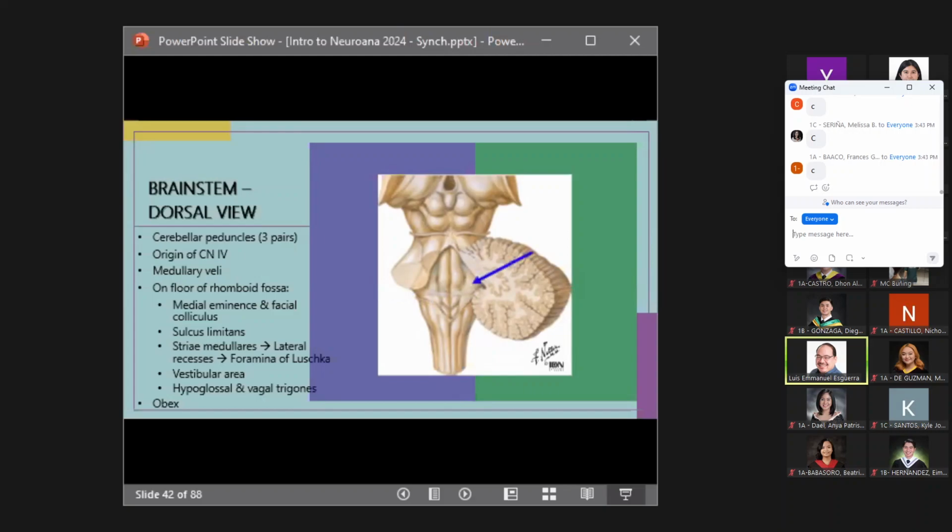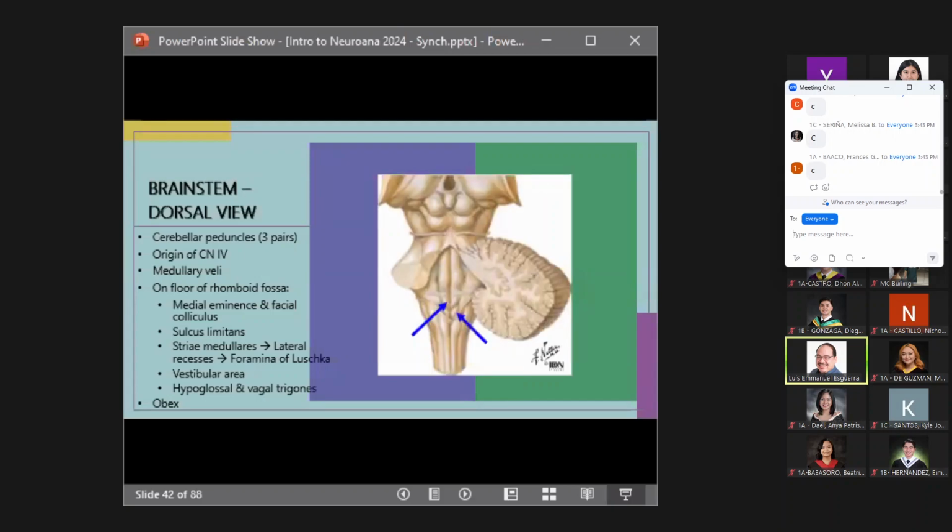There is a vestibular area. That's the area lateral to the medial eminence and the facial colliculus. It's called the vestibular area because underneath it are the vestibular nuclei for balance. Below the striae medullaris are the hypoglossal and the vagal trigones.